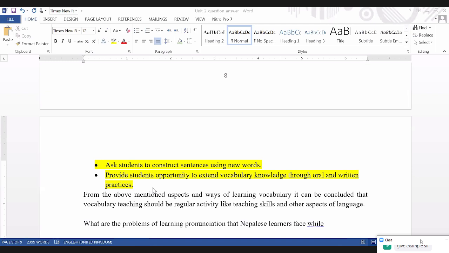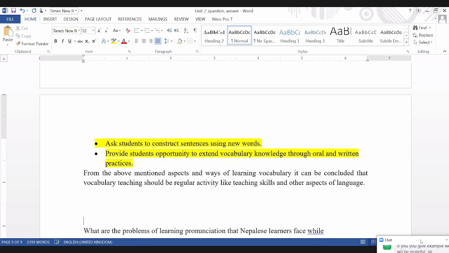I think in our last class I showed you. Now just for refreshment I'll show you this. This is ways, ways or techniques of teaching vocabulary.